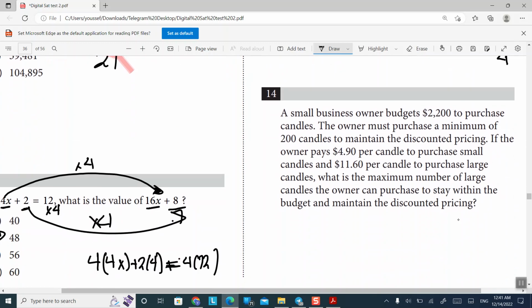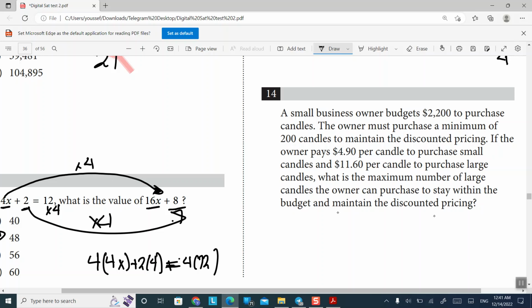Here it says that a small business owner budgets 2,200 to purchase candles. The owner must purchase a minimum of 200 candles to maintain the discount pricing. If the owner pays 4.90 per candle to purchase small candles and 11.6 per candle to purchase large candles, what is the maximum number of large candles the owner can purchase to stay within the budget and maintain the discounted pricing?